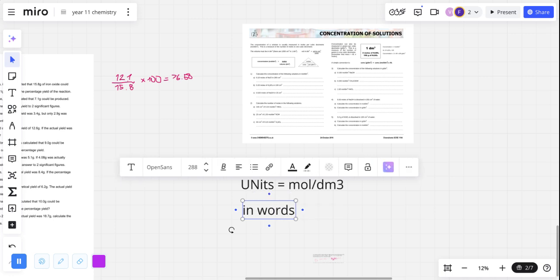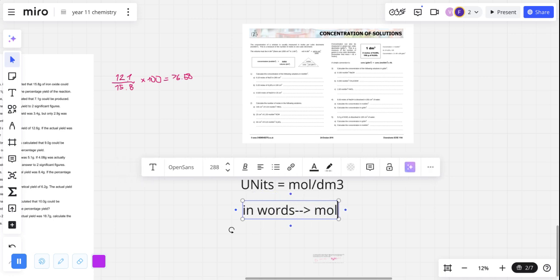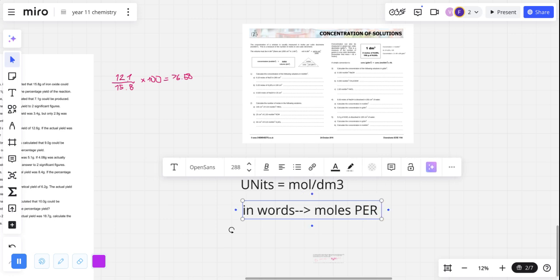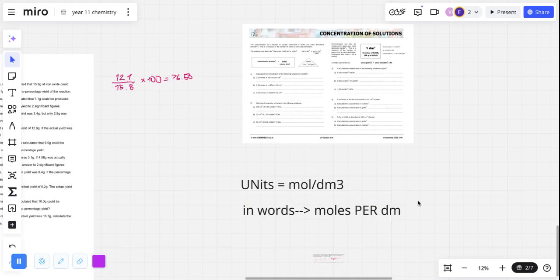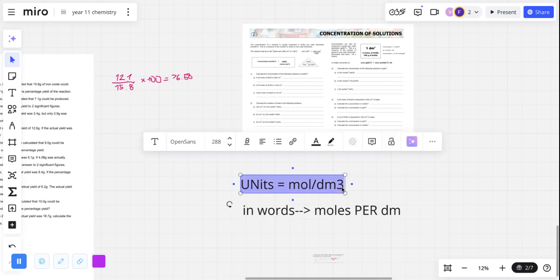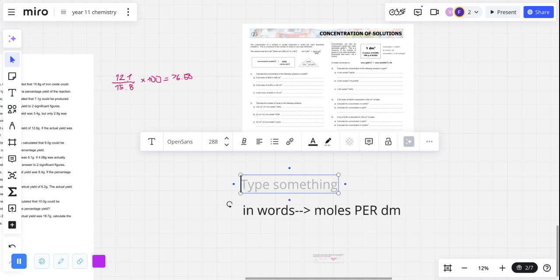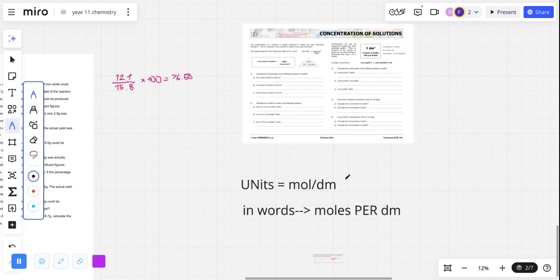So in words, this is moles per dm³. I can't get the little 3 up there, so I'll just delete this. Let's get rid of that and I'll do it with pen. Right, moles per dm³. The key word is per.